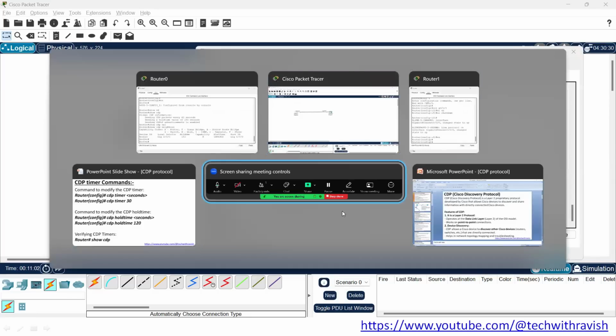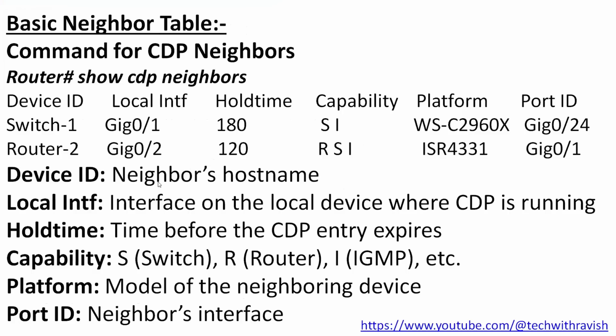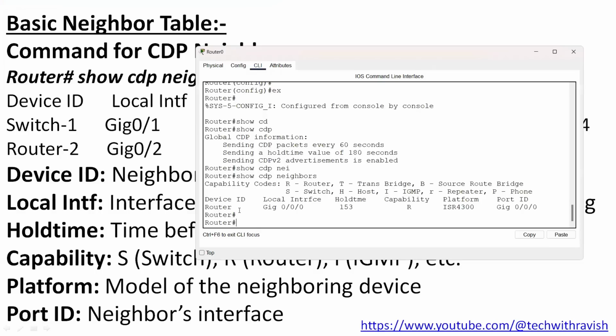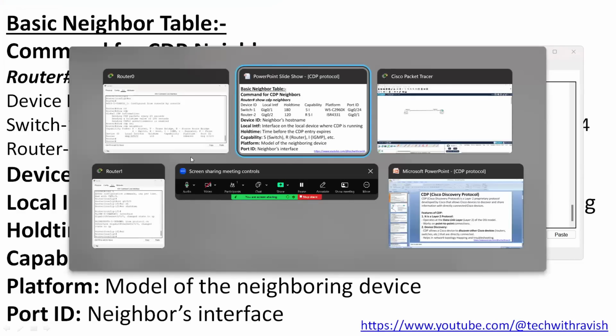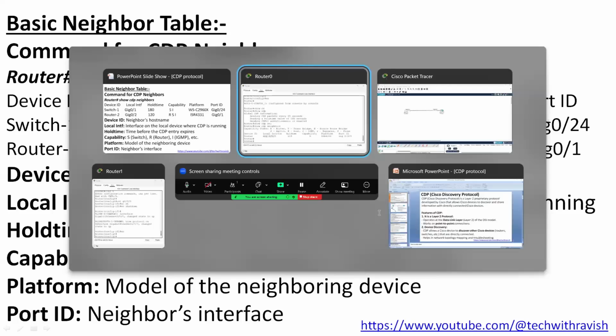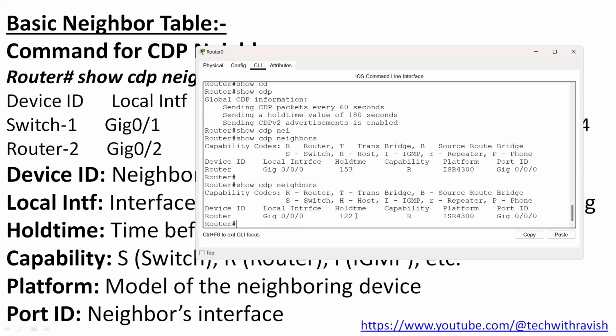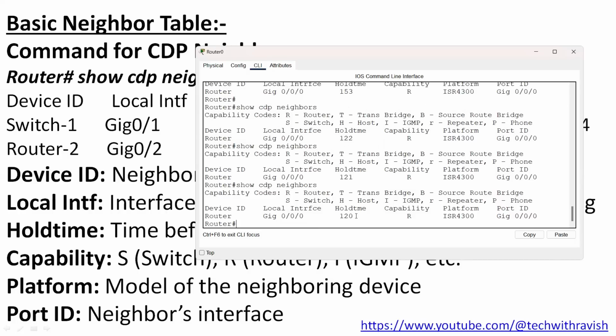Here we got all the details: the neighbor ID, the neighbor's host name, which is Router, and the local interface, which is gig 0/0/1. The local interface means the interface of the local device where CDP is running. The hold time is showing 153 seconds remaining, then 122 seconds remaining.